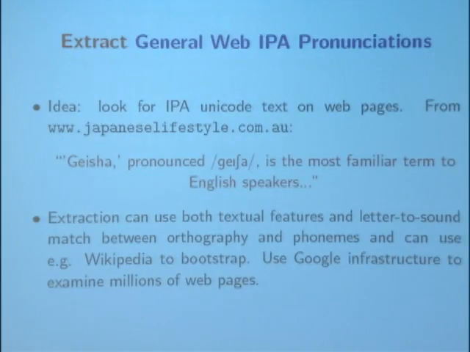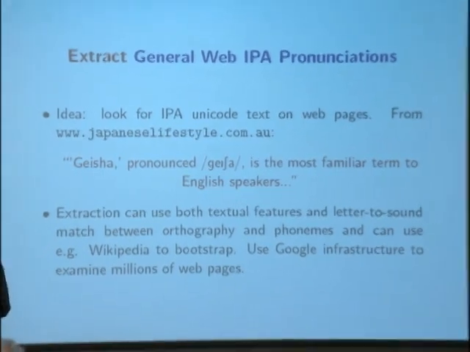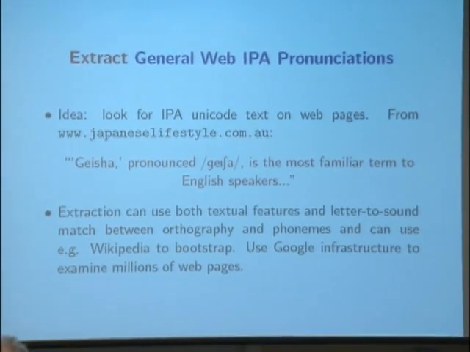Okay, that was for Wikipedia and similar kinds of sources. Then there's more general IPA available on the web, and this is somewhat harder to extract for a number of reasons. First of all, you don't necessarily get the same clear, regular markup that Wikipedia enforces.